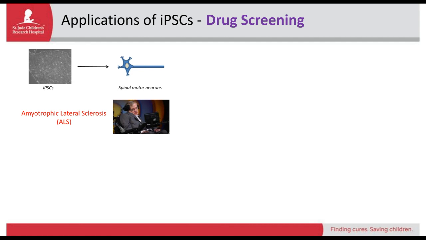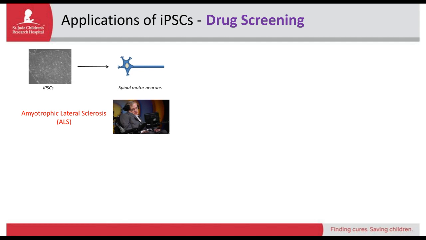Now, there is no cure for this disease. So there's a lot of research going on in the ALS field to figure out a way to identify drugs or compounds that could help slow down the degeneration or treat the neurodegenerative condition.